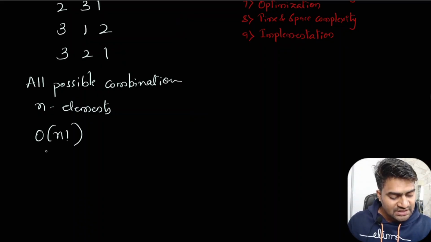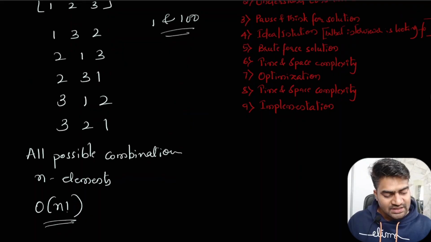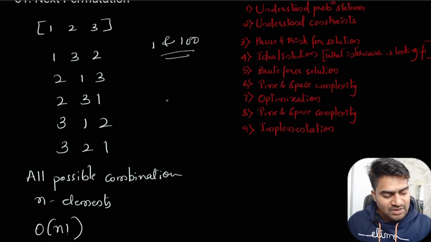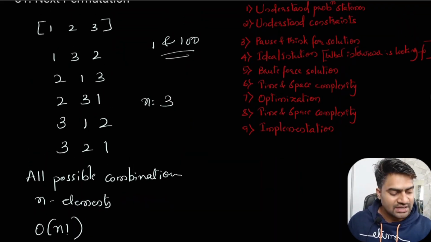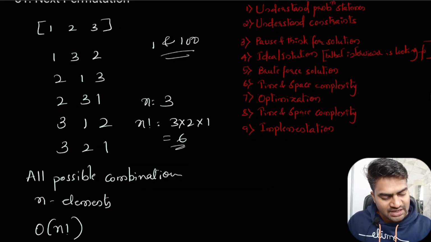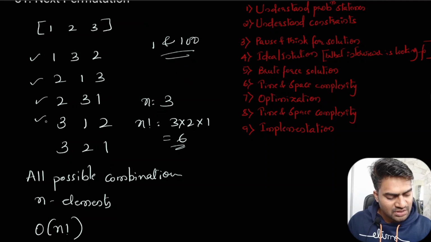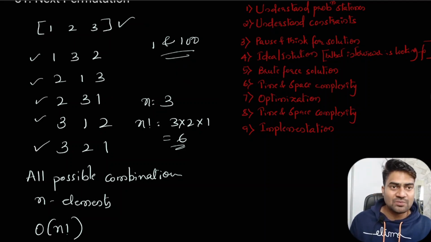Here we have three numbers, so n will be 3 and n factorial will be 3 into 2 into 1, which is 6. So we have generated all 6 combinations, including the original one. We basically solve this in order of n factorial, which is costly.